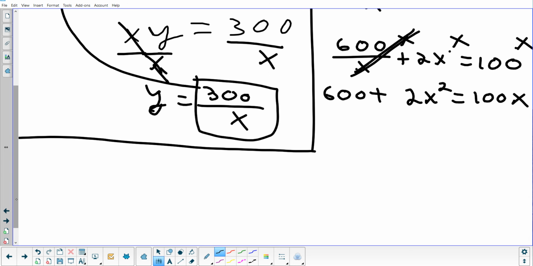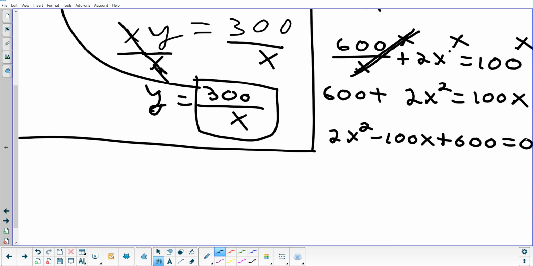And if it's factorable, we can try. If it's not, we're going to have to do something else. So I'm going to put everything on the left. 2x squared minus 100x plus 600 equals 0. Now, there's something you can do here before you even try to factor it.